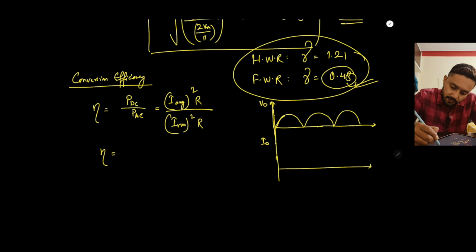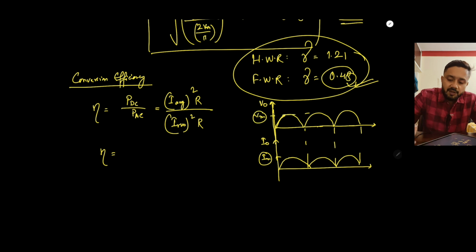So this was the shape of the output voltage waveform. The current will also take the same shape, but the magnitude will be different. Here the magnitude is Im, there the magnitude is Vm. The RMS value of this waveform will be Im by root 2, and the average value will be twice Im by pi.